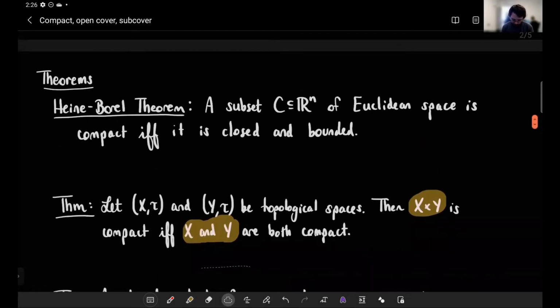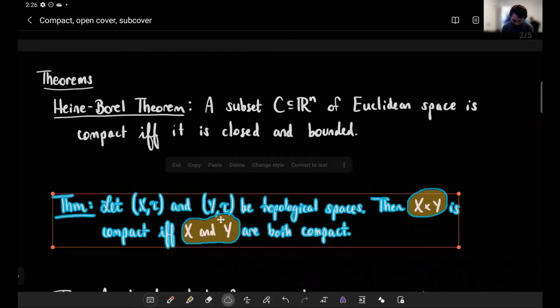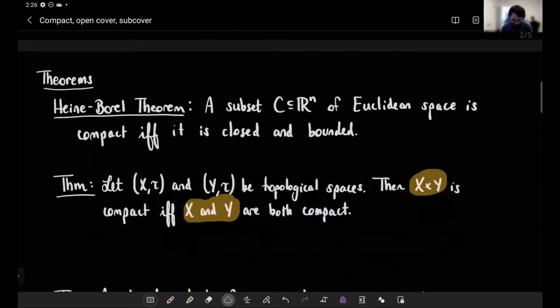Again, it's a little challenging to prove, but hopefully it's not surprising in the sense that, yeah, if I start with some compact space X and I cross it with some compact space Y, then their Cartesian product looks like it should be compact.